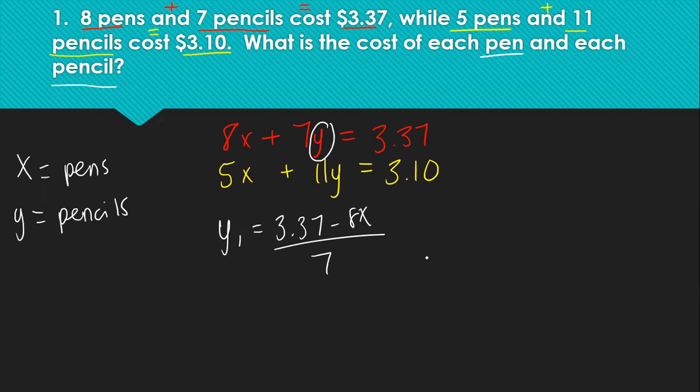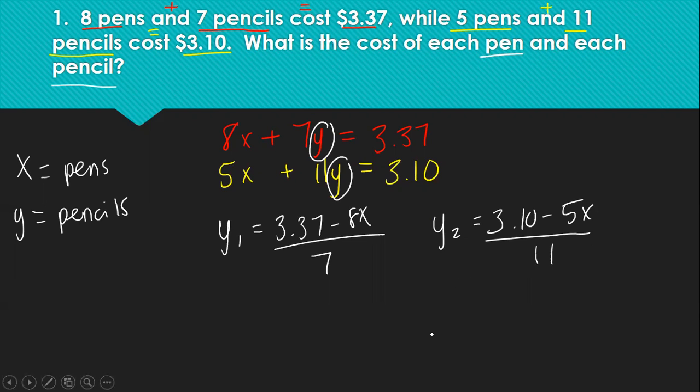That's my y1. What do I need to do to get the second y by itself? Not just the 5, but the 5x. And then divide by 11. Yes, it got a little weird.